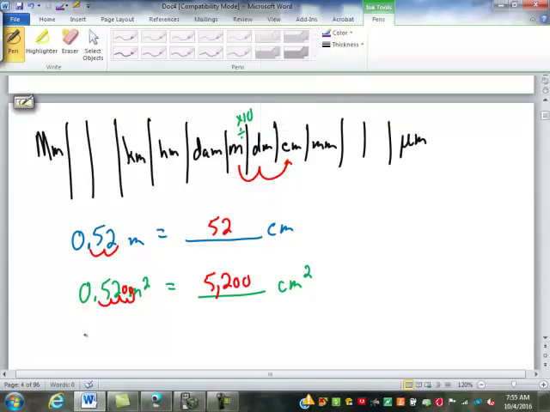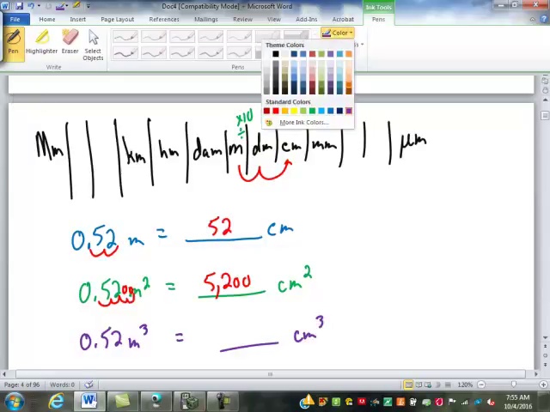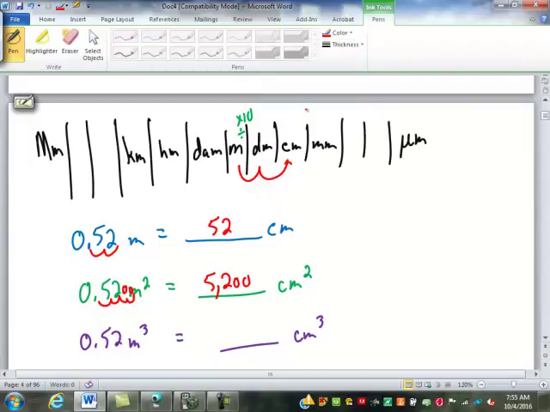If we were to continue with that, what if you throw in meters cubed? Well, now what's 10 cubed is 1,000. So each spot is multiplying or dividing by 1,000 or moving the decimal point 3 spots.